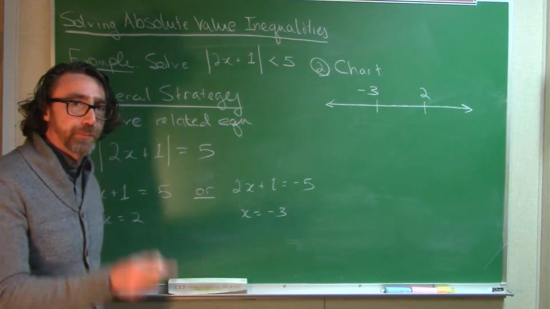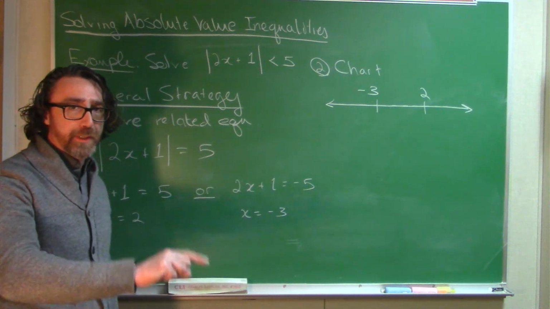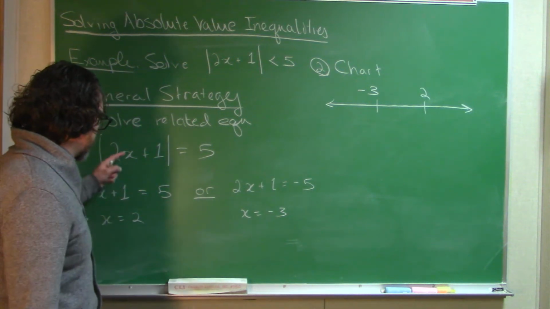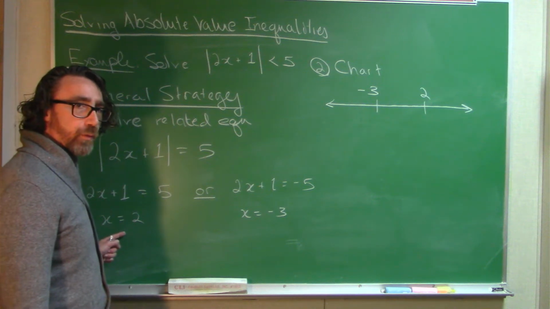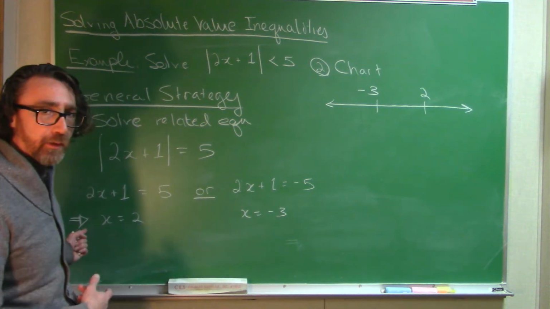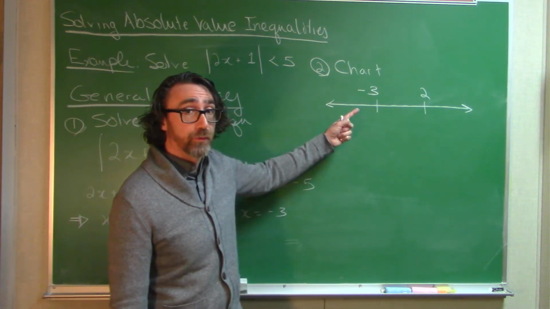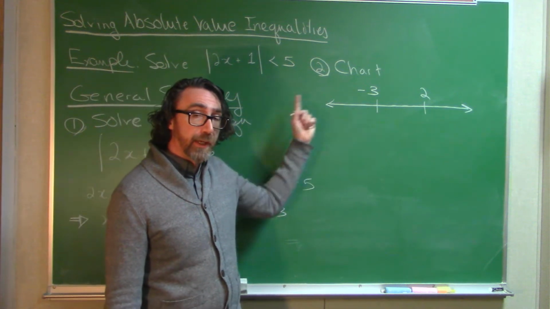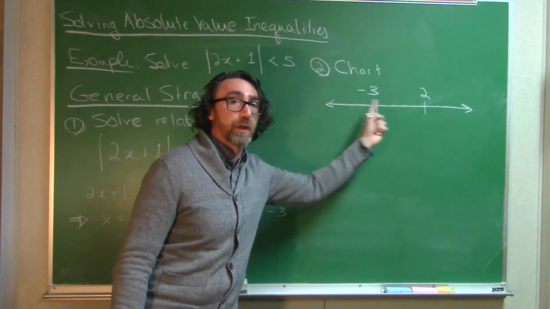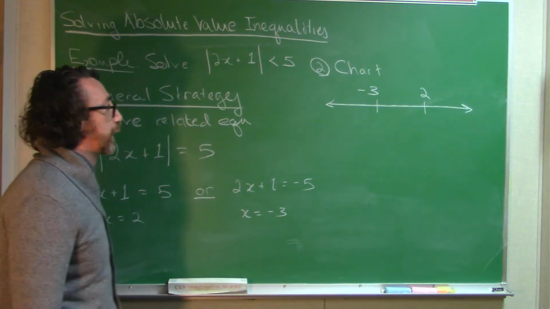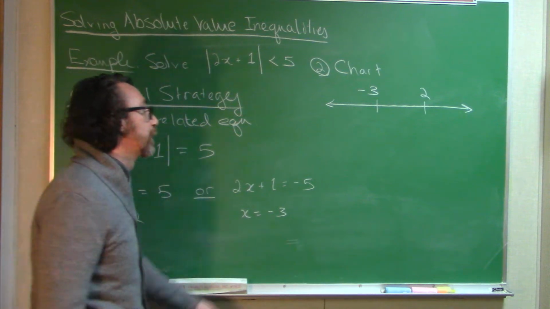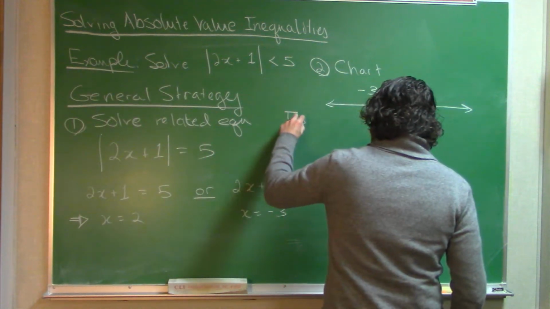Now you have to put them in order, in numerical order, okay? The cases I looked at were here, and I got 2 and negative 3 as the solutions. Notice I put negative 3 first. If I'm on a number line, negative 3 is to the left of 2. Okay, so I plot my solutions on a number line.